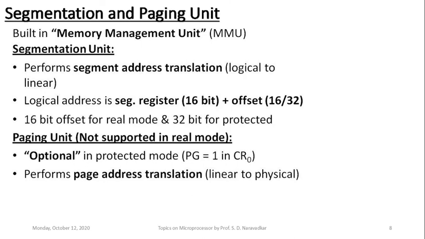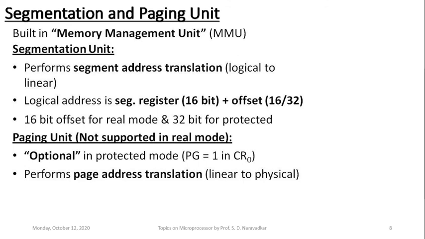And once enabled, the paging unit performs page address translation. This page address translation means the linear address from segmentation will be converted to physical address. It clearly means that if paging is enabled, then segmentation would have performed the first phase of address translation, segment translation, logical address to linear address.